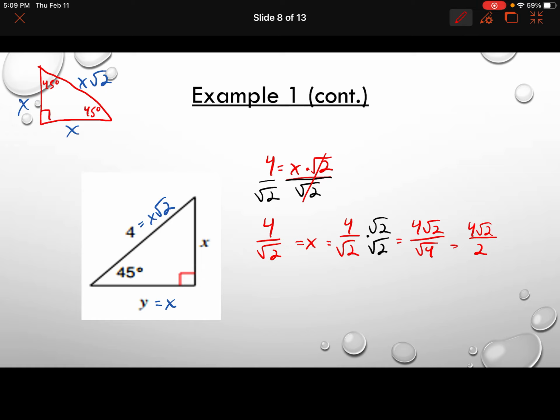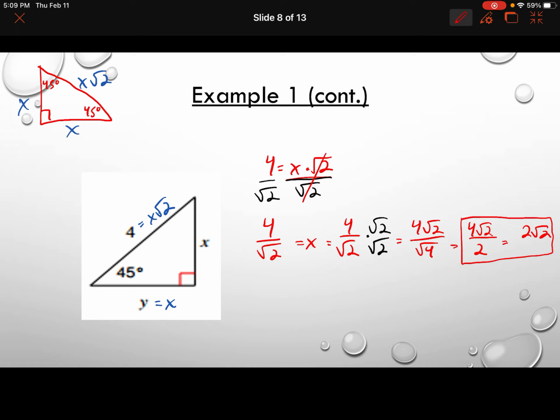If you really wanted, you could simplify this further. Since you have 4 in the numerator and 2 in the denominator, we could simplify this to 2 square root of 2, because the 4 reduces to 2 and the 2 reduces to 1. 4 divided by 2 is 2. Either of these answers are perfectly fine. You don't have to write it in lowest terms.